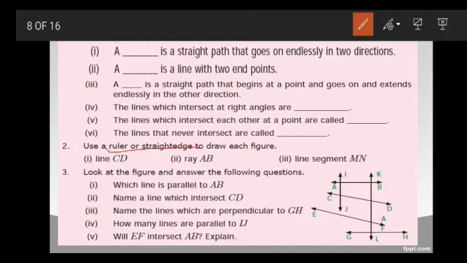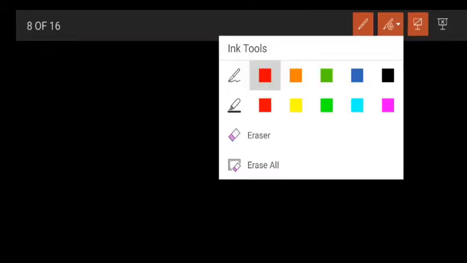First you have to draw line CD. So you will be using your scale. Here I don't have scale, so I will draw with my hands. But when you are drawing in your notebook, you have to use scale. What they are asking is line CD. What is meant by line?